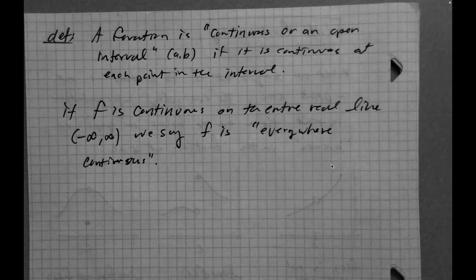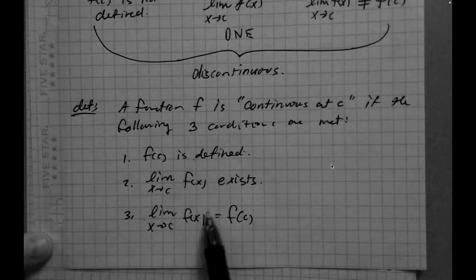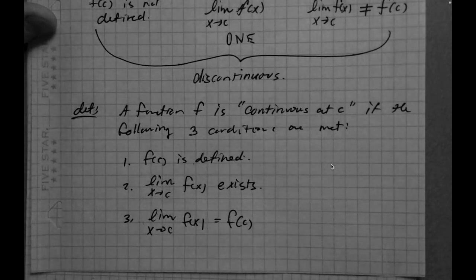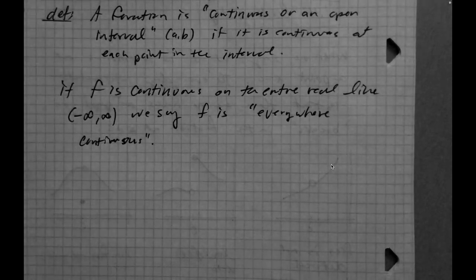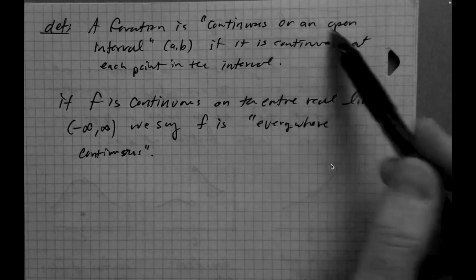Okay, so this idea of continuity is a very well-defined idea based on these three conditions. These three conditions have to be met in order for a function to be considered continuous. And we can expand the definition of continuity to describe entire intervals.